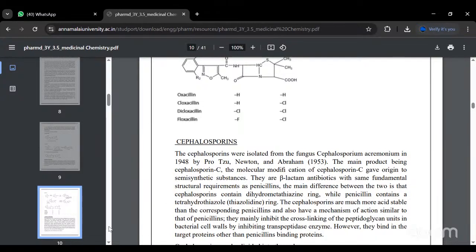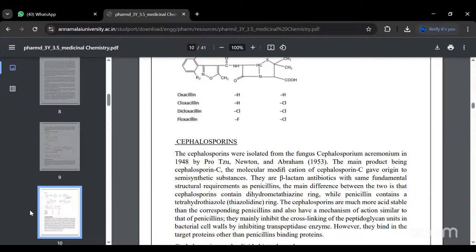And the main difference between the two is that cephalosporin contains a dihydrothiazine ring, while penicillin contains a thiazolidine ring.